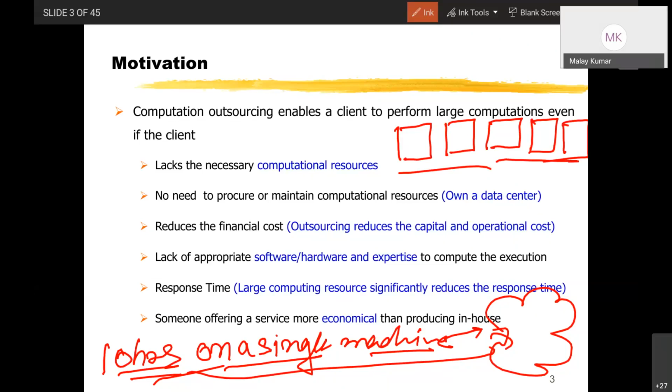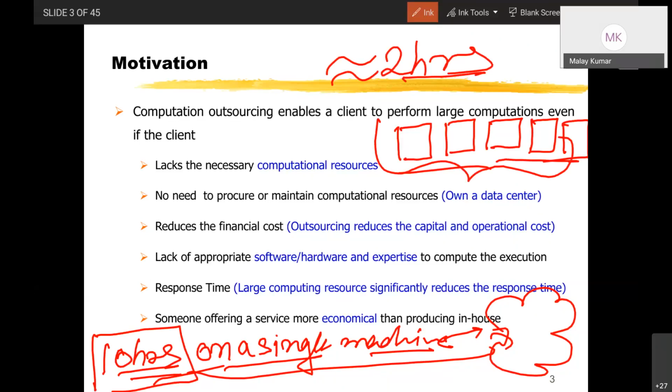So what will happen? Rather than taking 10 hours, this entire execution will take somewhat 2 hours to complete. So as you can see, whenever you perform an outsourcing of computation, it will reduce the response time.